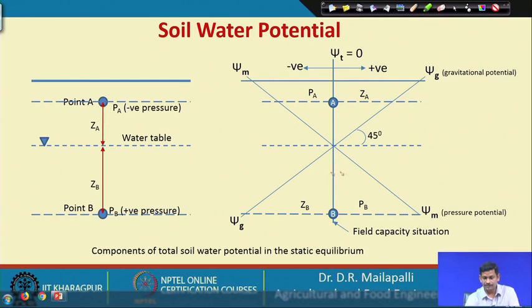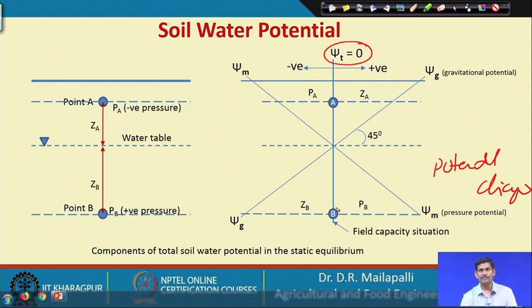Putting everything together, this is called the potential diagram. This is an equilibrium. Once the soil moisture is in equilibrium, psi t, the total water potential, at any point will be 0. This is the water table level.